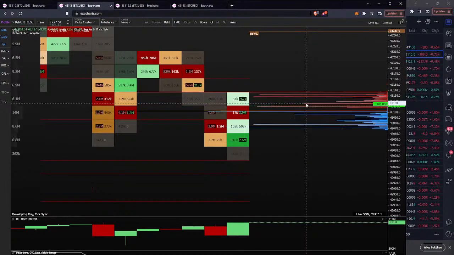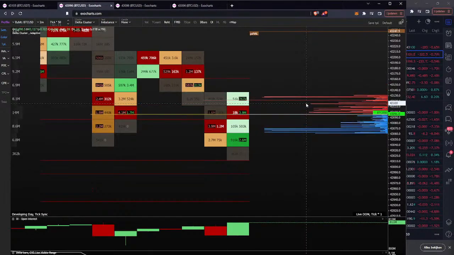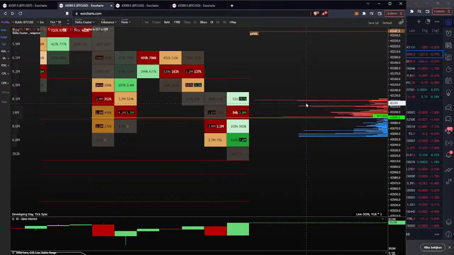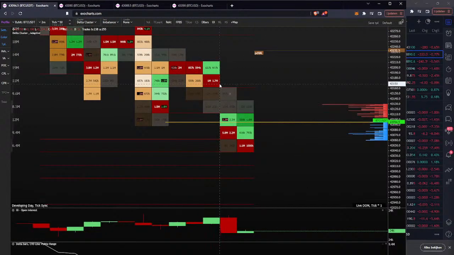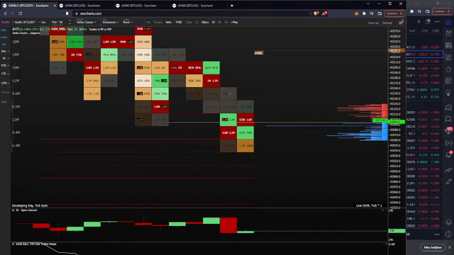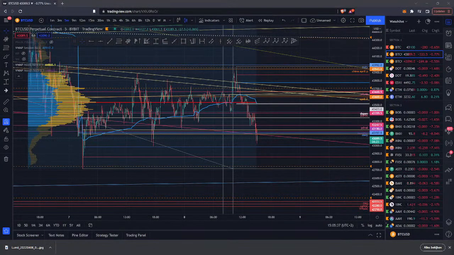Okay, some big longs are fighting back right now. Would it be enough? Trying to keep a higher low, but ES isn't showing any kind of strength right now.